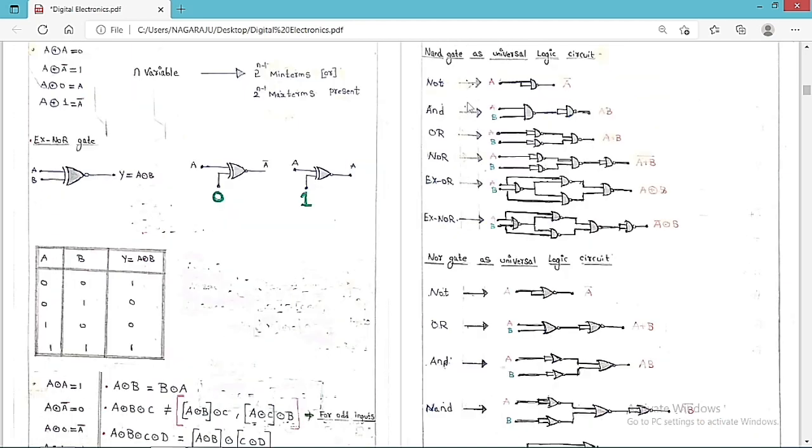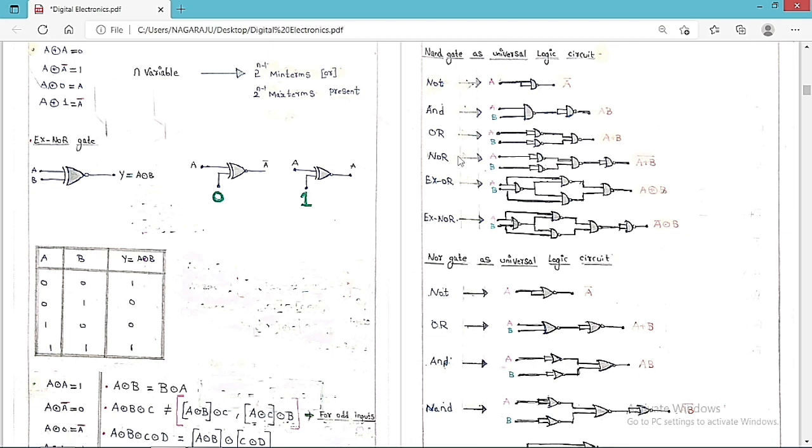Now we are going to discuss the NAND gate as a universal logic gate. As I told you, the NOT gate, AND gate and OR gate are called the basic gates, whereas the NAND gate and NOR gate are called the universal gates. Why are these called universal gates? Because with the help of NAND and NOR gates individually, we can build any gate.